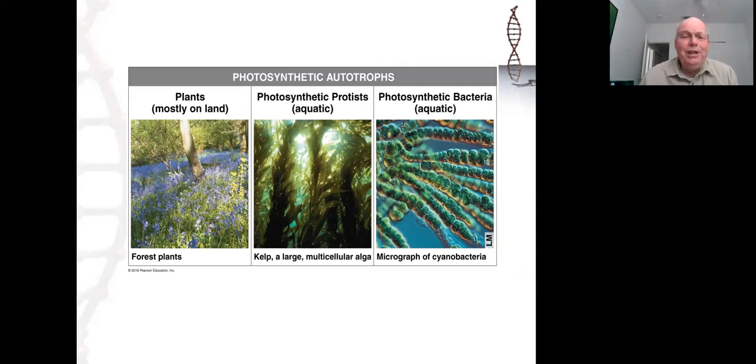So this is, again, one of the supporting pieces of evidence for the endosymbiotic origin of chloroplasts. So we do have all of these organisms using essentially the same biochemical process. And we'll identify how that process works as we get into this chapter.